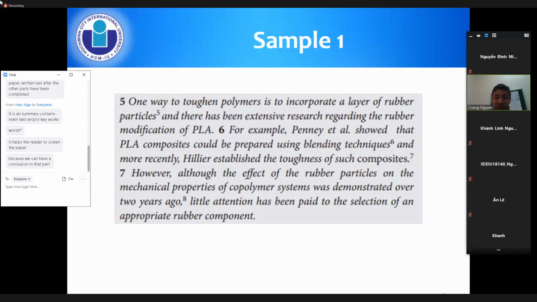Established the toughness of such composites. Those are two sources, okay? However, although the effect of the rubber particles on the mechanical properties of the copolymer system was demonstrated over 2 years ago, little attention has been paid to the selection of an appropriate rubber component.